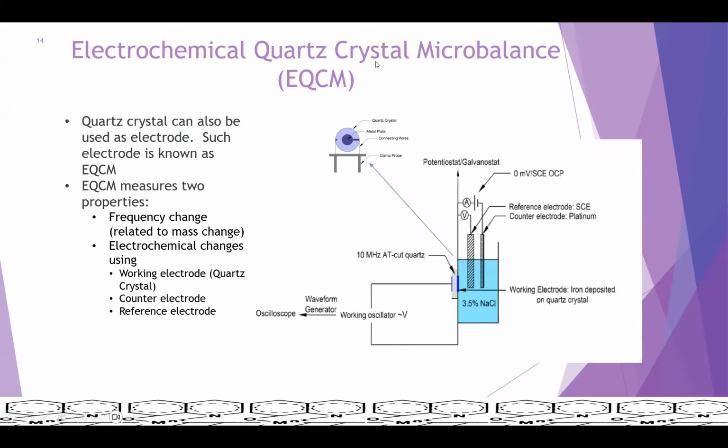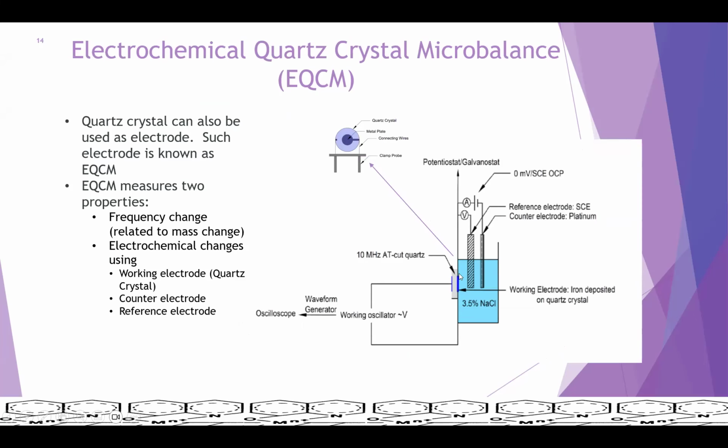If you add the electrode, that becomes the electrochemical quartz crystal microbalance, EQCM. The quartz crystal can be used as an electrode, and hence it is known as electrochemical quartz crystal microbalance. The EQCM measures two properties. From the frequency change, we can determine the mass change, and from the electrochemical change, we can determine the corrosion rate.